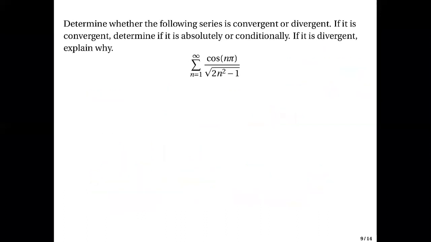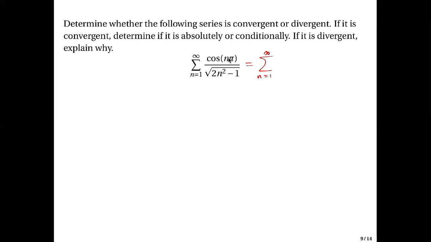Next problem. Determine whether the following series is convergent or divergent. If it is convergent, determine if it is absolutely or conditionally convergent. If it is divergent, explain why. First, we can rewrite this as the series from n equals 1 to plus infinity of cosine n pi, where n is an integer running from 1 up to plus infinity.